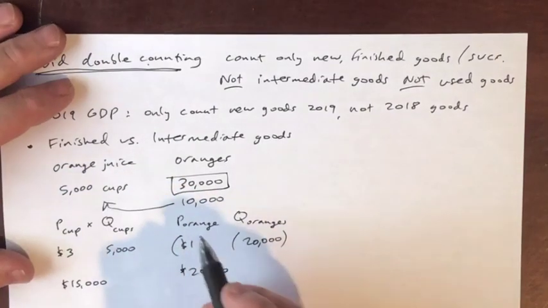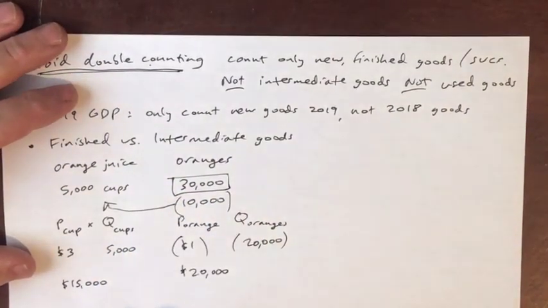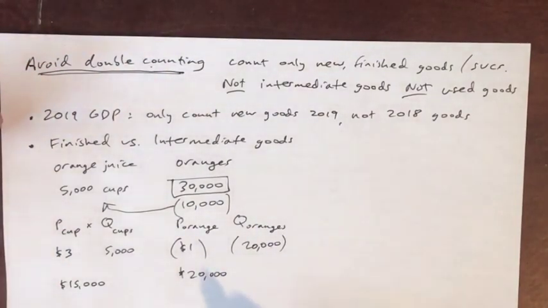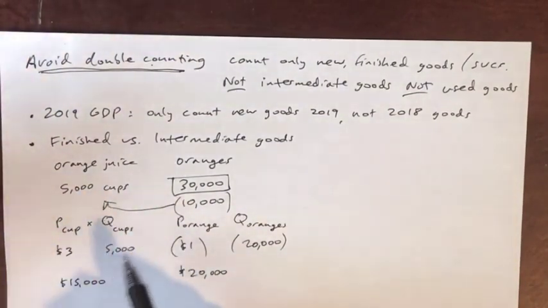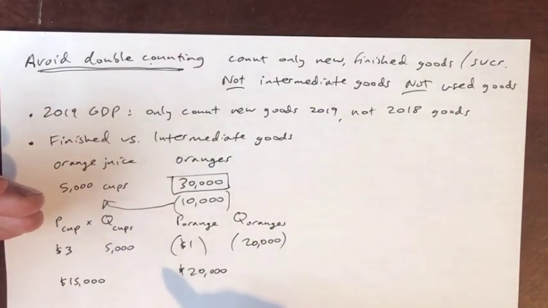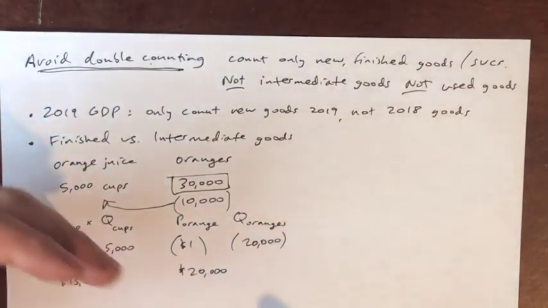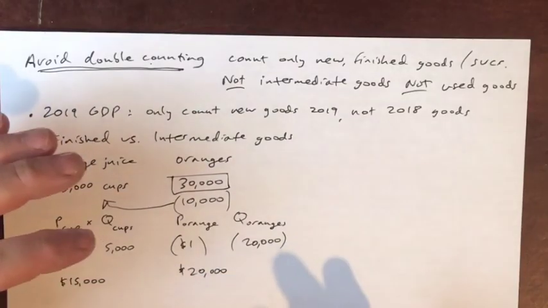We subtracted the intermediate goods, because we know the value of orange juice is at least equal to the goods that went into it. Of course, it takes a little bit of work to extract the juice from the orange, and you're paying for that as well. There's a value that's added there.